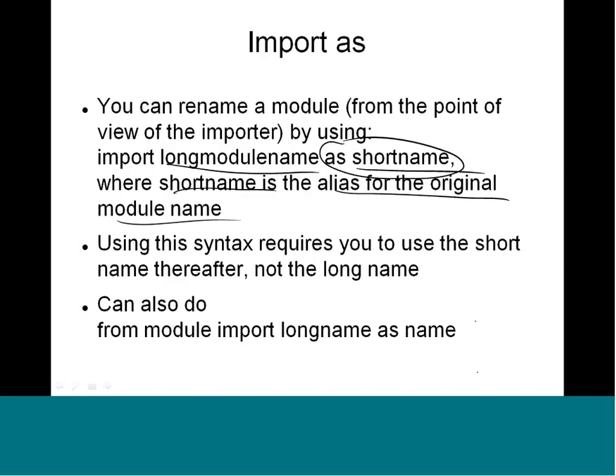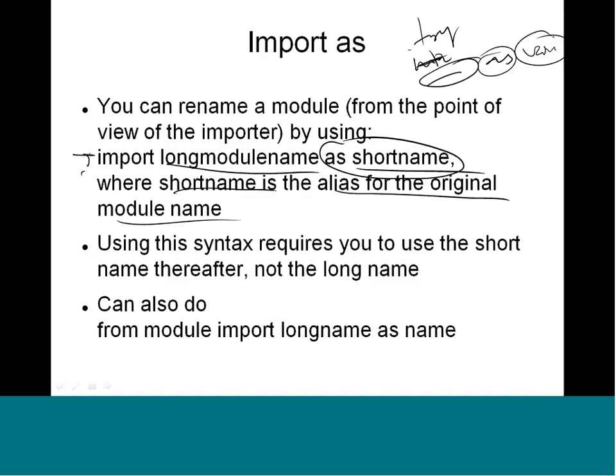We saw this in the very first slide, in the exception handling example. There we said try, and then an exception as variable1. So there that long name is assigned to the short name with the use of as.